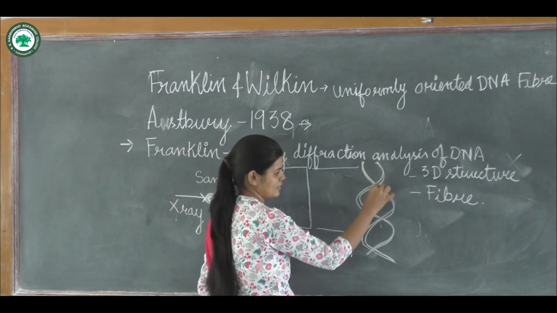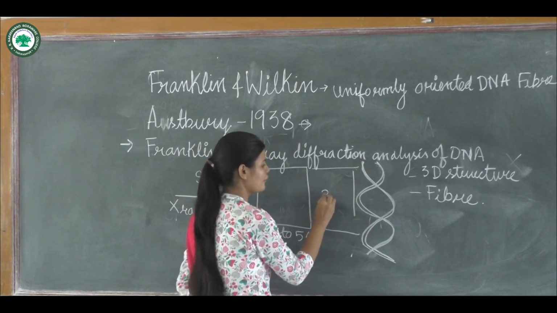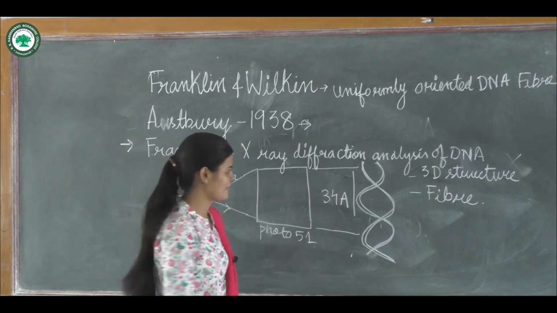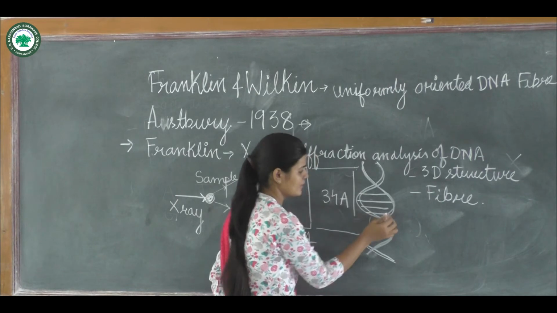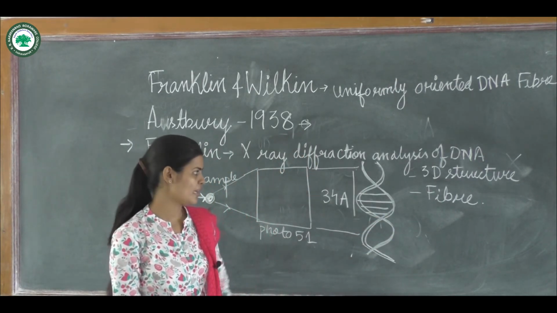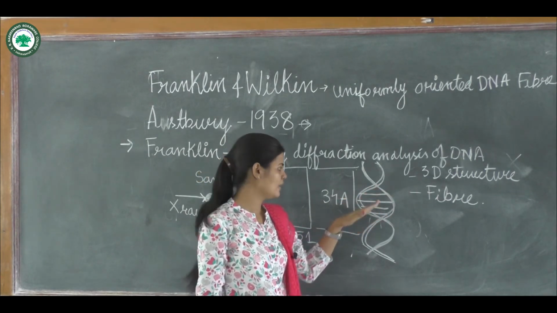One helix turn is 34 angstrom, and within one helix turn there are 10 pairs of nitrogenous bases present in the helix.